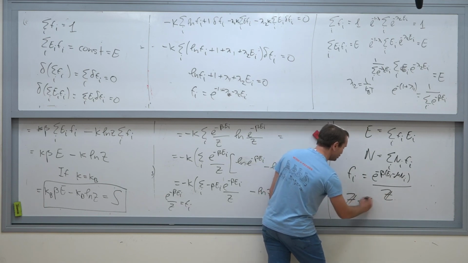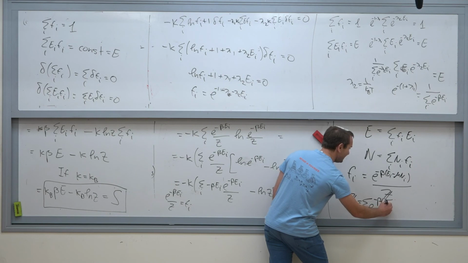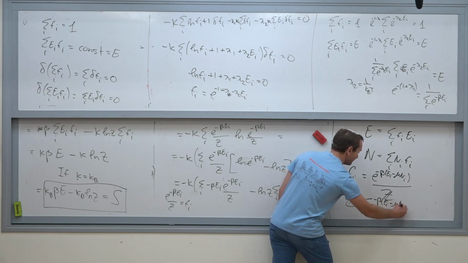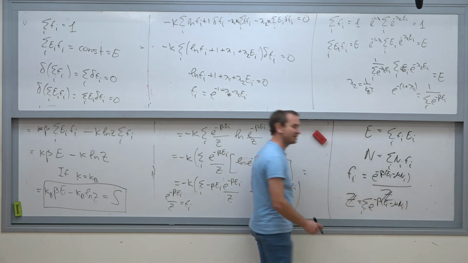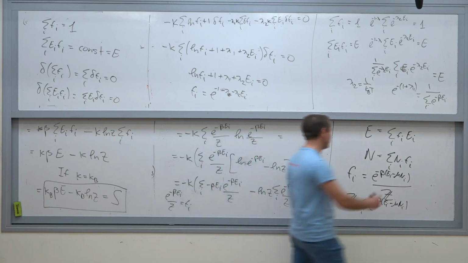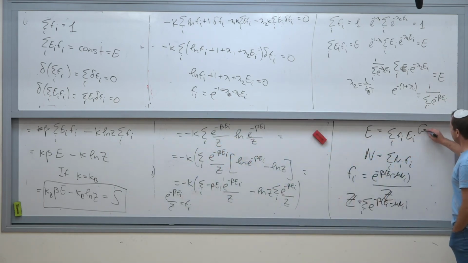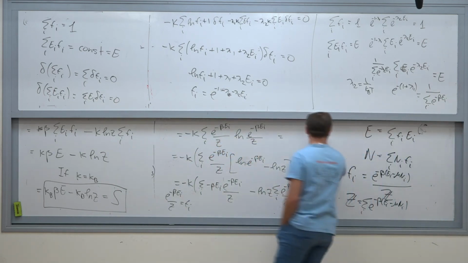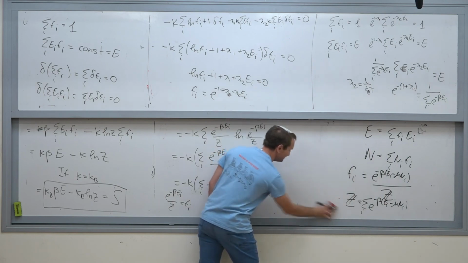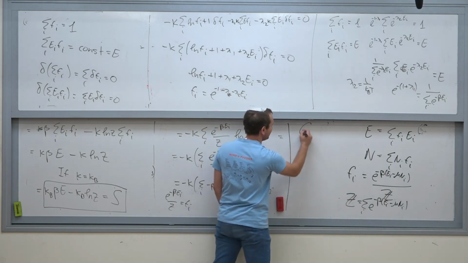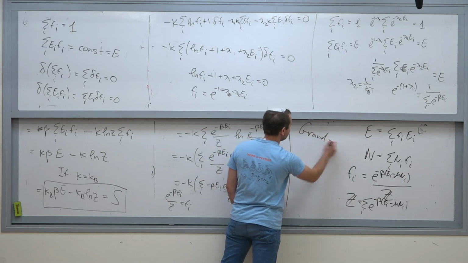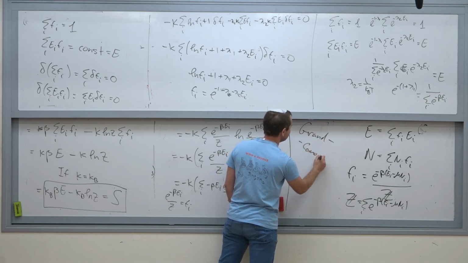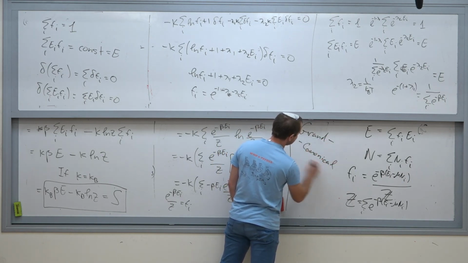The partition function is the sum over i of e to the minus beta Ei minus mu Ni. We will show it in the next lesson. And this is the grand canonical ensemble.